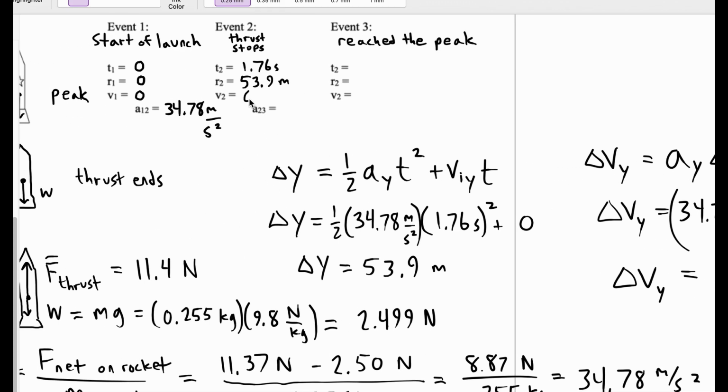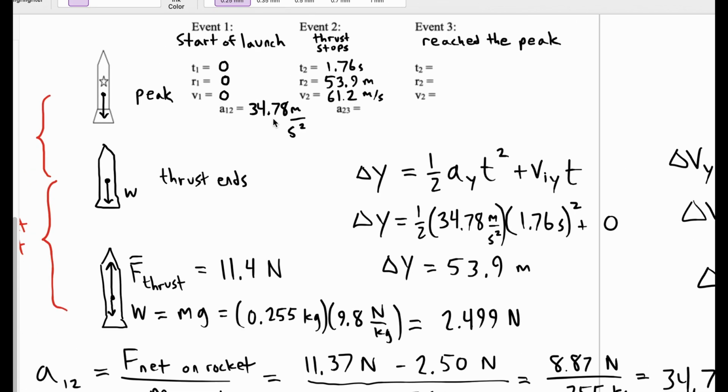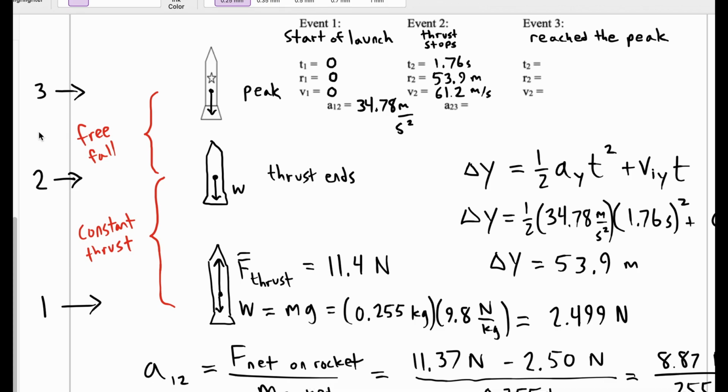Let's put that here. And then our acceleration in the next interval, they're talking about this interval here, A23 would be just negative 9.8 at that time. Because it's in free fall, between 1 and 2, we found an acceleration of 34.78. That was in the positive direction.